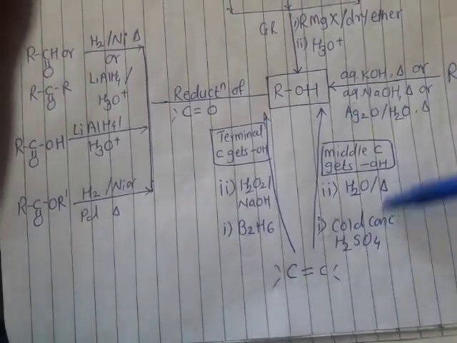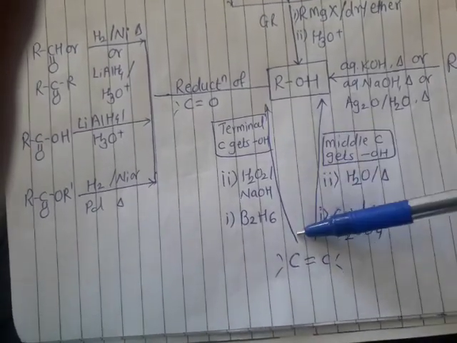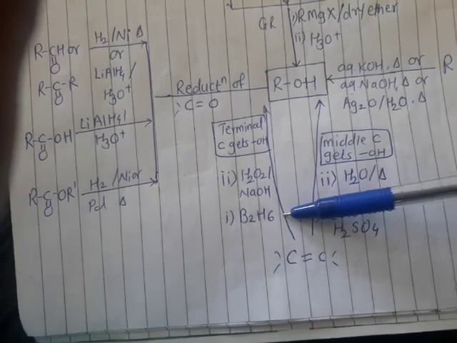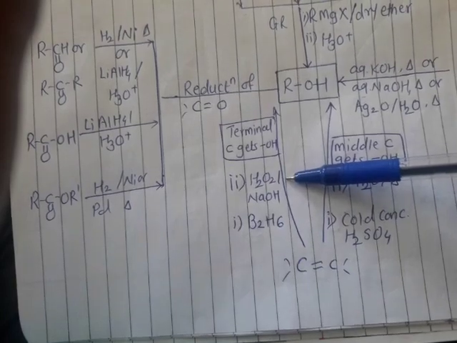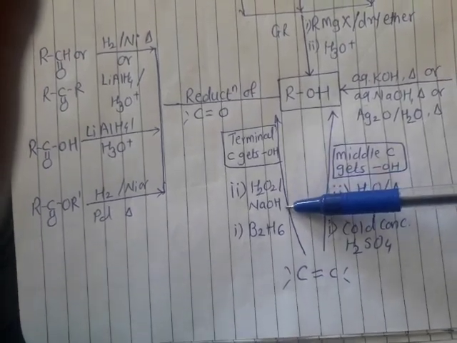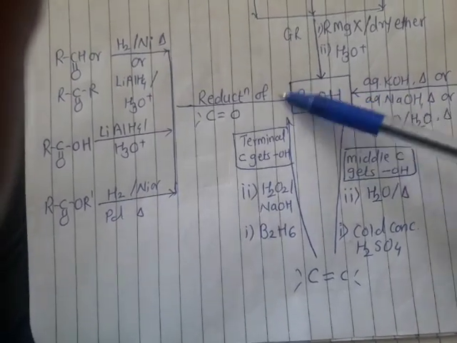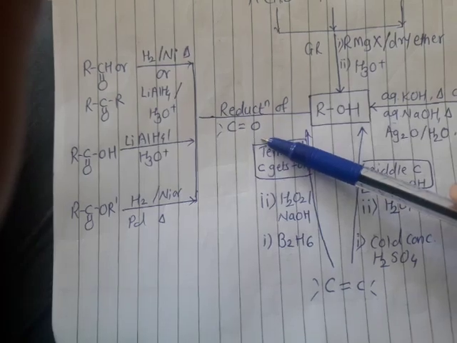So here propene will give isopropyl alcohol, and here propene will give N-propyl alcohol. First step is hydroboration. B2H6 is added, and we get the trialkyl borane, which is oxidized by using H2O2 in presence of NaOH, and we get alcohol.